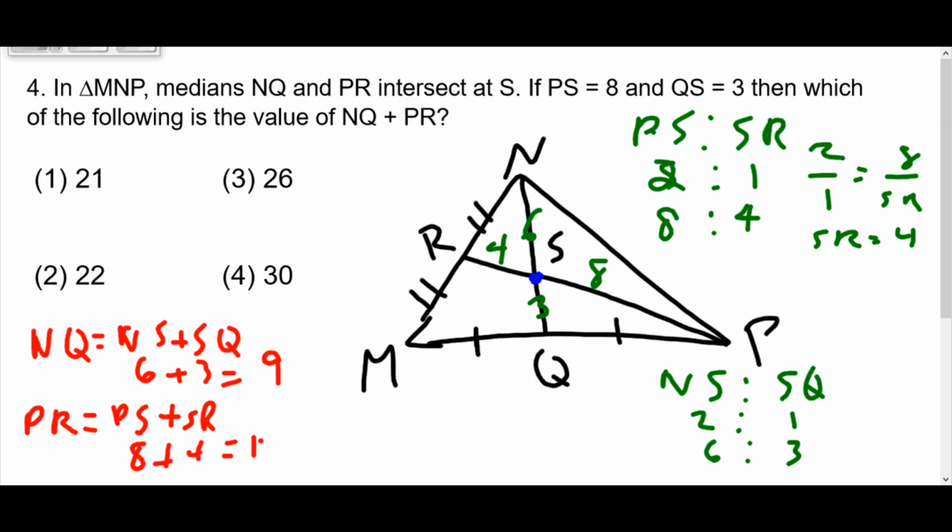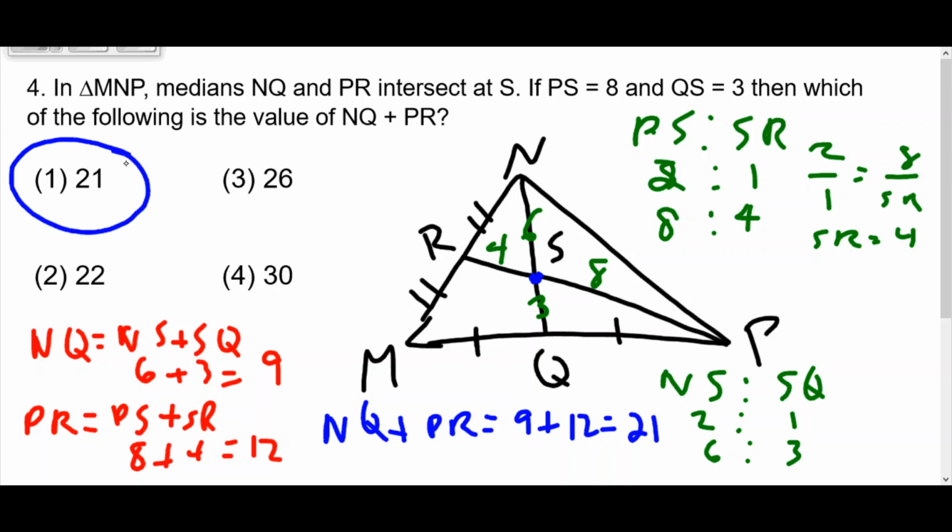That's equal to 12. But that's not the answer yet. In this case, we're looking for the sum, where NQ plus PR is equal to 9 plus 12, or 21. So our answer has to be 21.